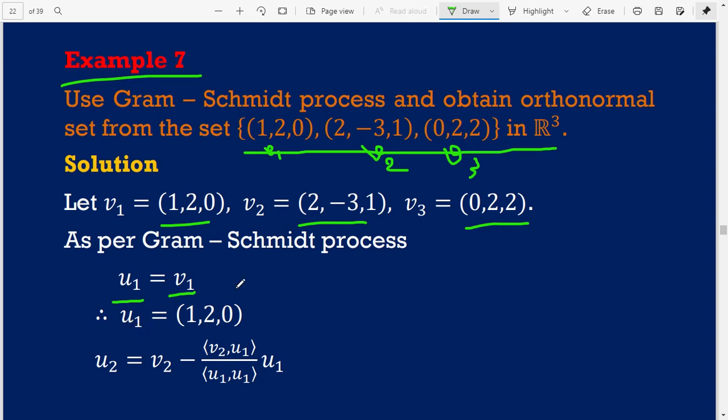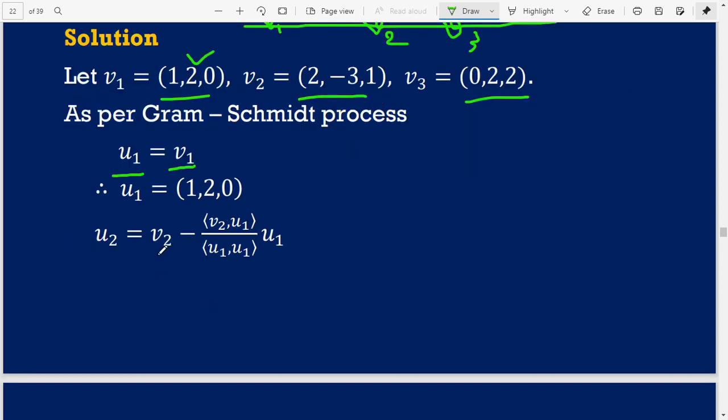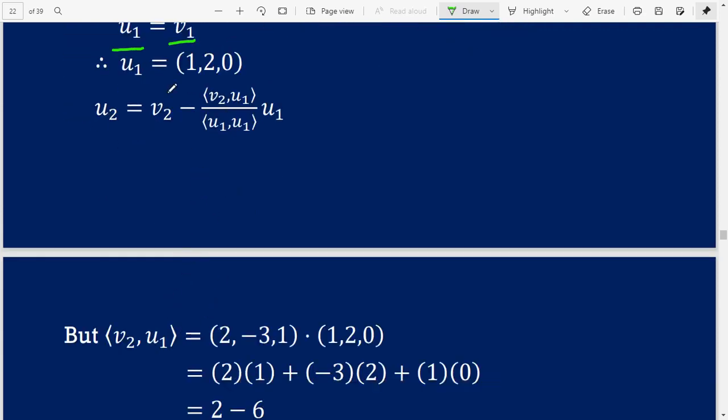So U1 is equal to (1, 2, 0), and U2 is equal to V2 minus ⟨V2, U1⟩ upon ⟨U1, U1⟩ into U1. So put the values of inner product V2 with U1, inner product U1 with U1, and U1 and V2.